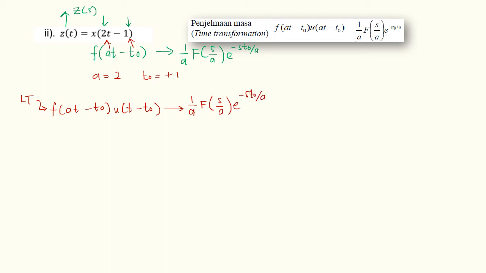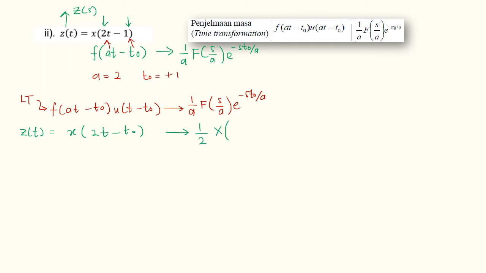So from your equation, you have your z(t) equal to x(2t minus t naught), in which you will produce 1 over a. Your a is positive 2.